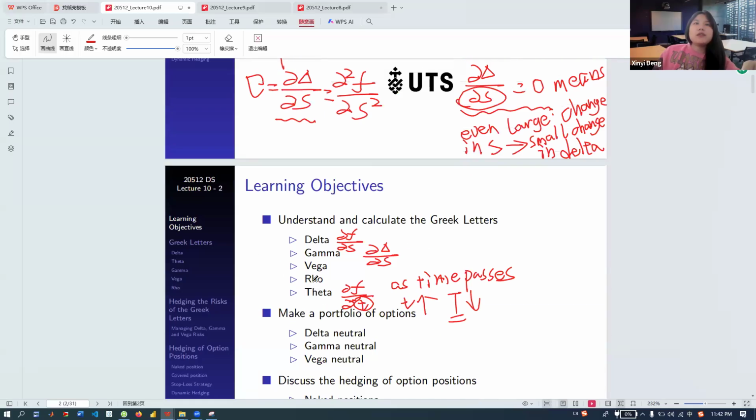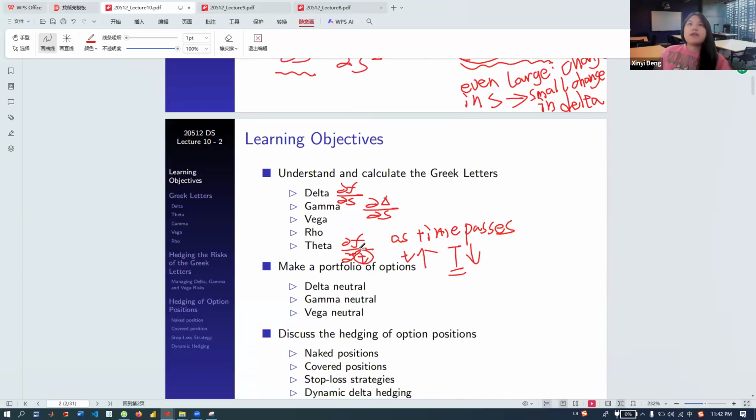Now, let's move on to the next learning objective. When we are doing risk management, we can utilize the Greek letters. So we can make a portfolio of options delta neutral, gamma neutral, or vega neutral. Those strategies can be achieved separately or simultaneously.